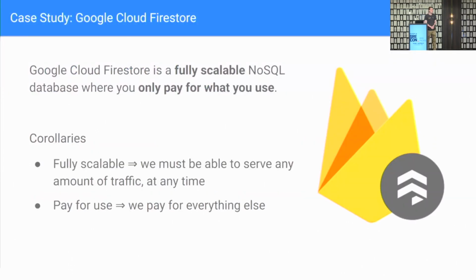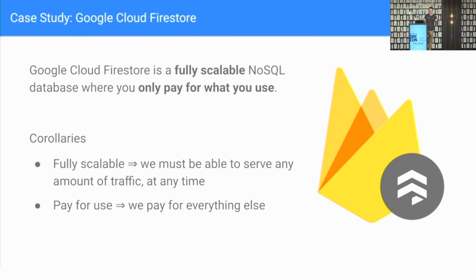So this talk is a collection of tips and lessons that we've learned from building Cloud Firestore. Brief description here. Google Cloud Firestore is a fully scalable NoSQL database where you only pay for what you use. So let's dive into the ramifications of what that actually means. Fully scalable.